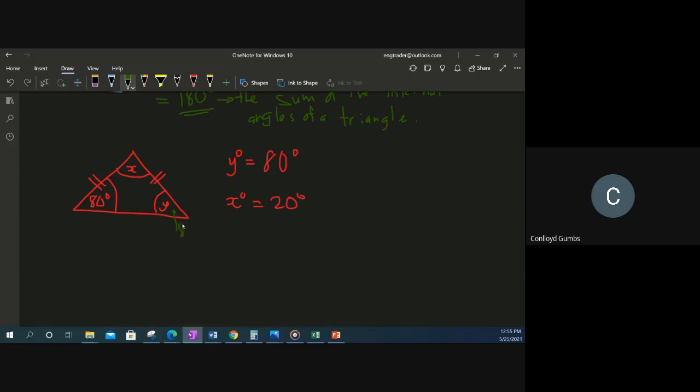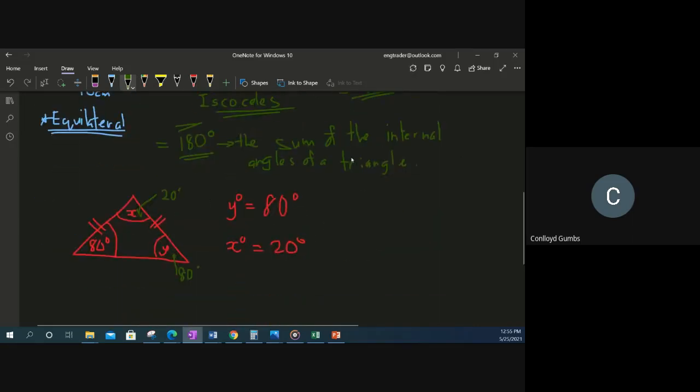And if this is 80, this is 80, then right here would be 20. Why? Because the sum of the internal angles of a triangle equals 180. So we know that 80 plus 80 is 160. This here is 20.